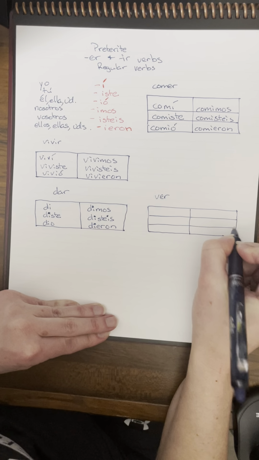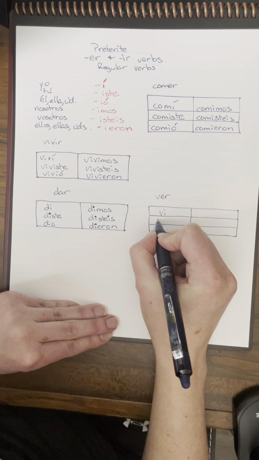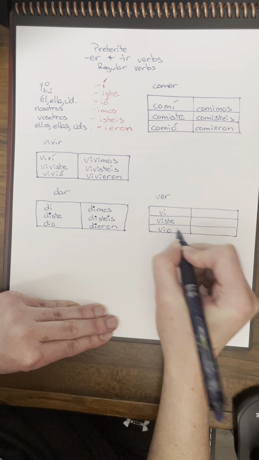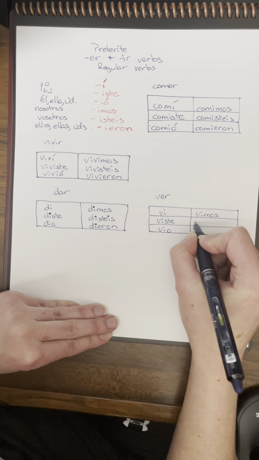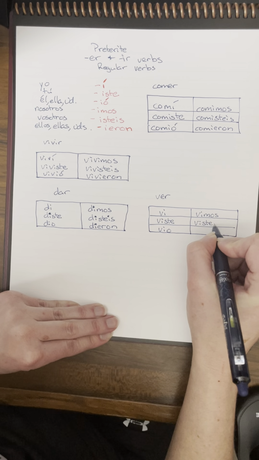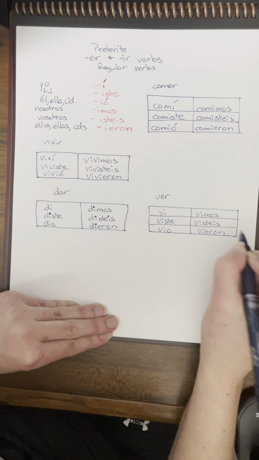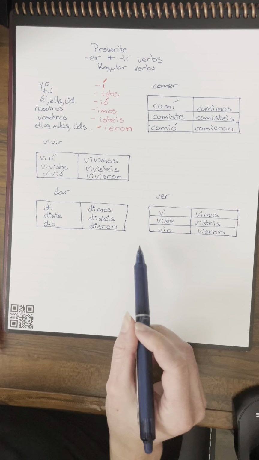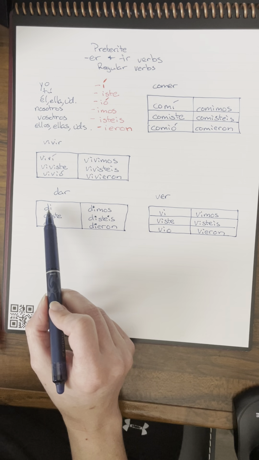Okay, so ver is just vi, viste, vio, vimos, visteis, and vieron. So if you look at these two side by side, right? If you have memorized one, you've memorized the other.